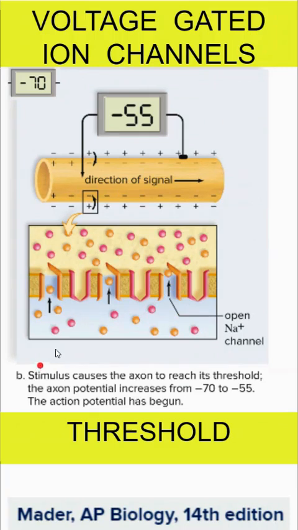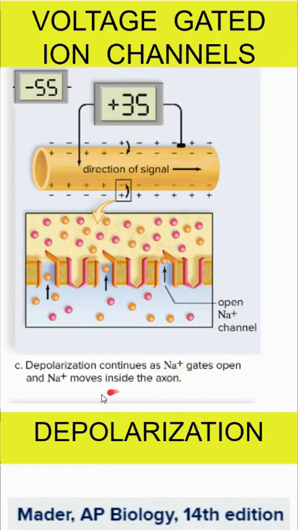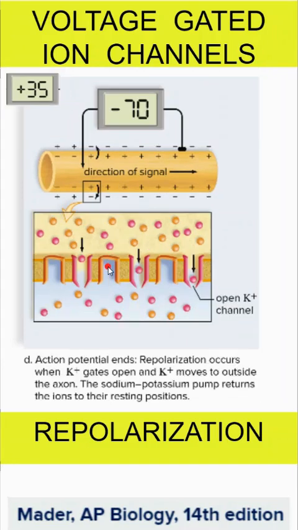Some type of stimulus can trigger the initial opening of sodium ion channels, and these positive ions heading into the internal part of the membrane can shift the resting potential from -70 up to -55. When that threshold is reached, a lot of the sodium ion gates fly open and sodium ions are rushing in. This creates depolarization, where the voltage on the inside of the membrane goes all the way up to +35. That begins our action potential.